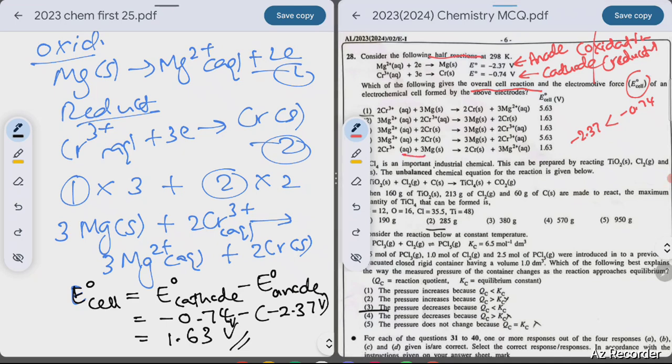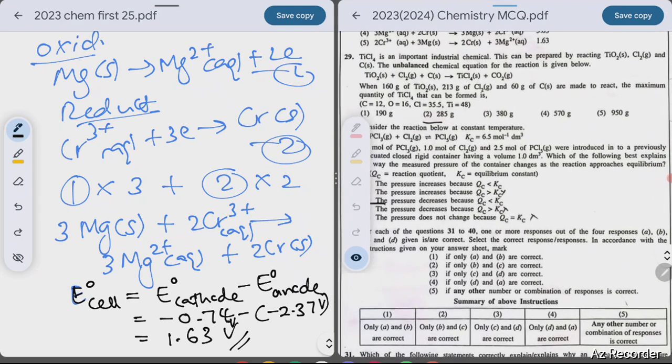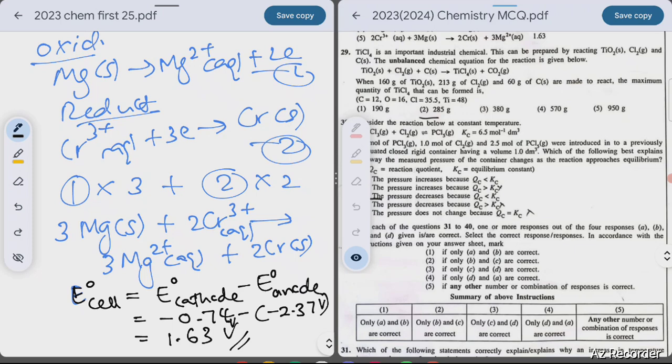Out of that we can go with the fifth answer because here the E naught value is also correct: 2 Cr3+ plus 3 magnesium solid giving 2 Cr solid plus 3 Mg2+. So the answer is 5.